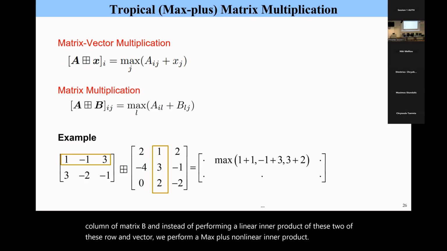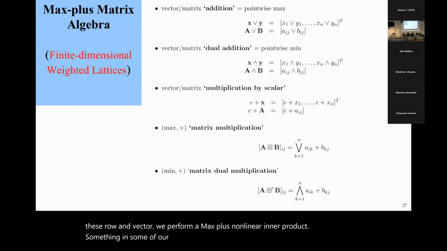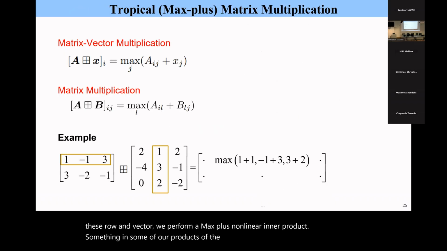Instead of taking the sum of products of the elements A_il and B_lj, we take the max of their sums.